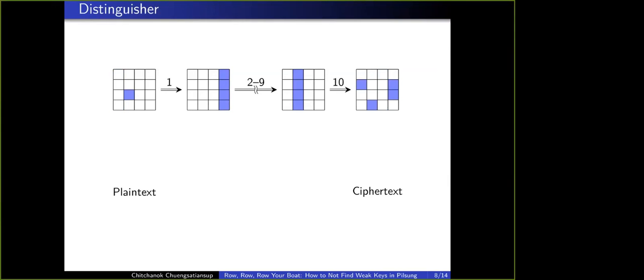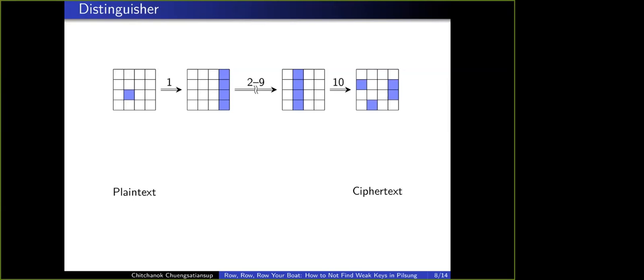And to build a distinguisher, we can reduce to actually looking at a permutation that preserves round 2 to round 9. To take a look into more detail, we start again with 2 plaintexts that differ at 1 byte. And in the first round, shift row will move that byte around, and with the mix column, it will propagate the differences to the entire column.